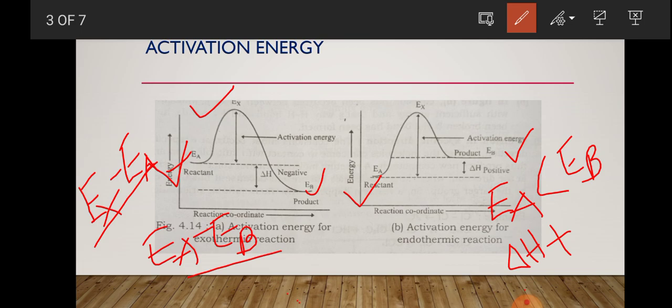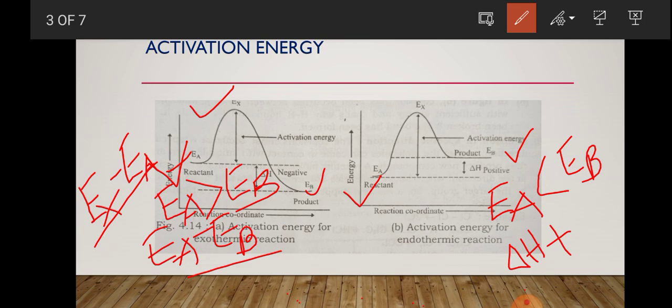I can repeat it again. For exothermic reaction, EA, that is potential energy of reactant, is greater than EB, potential energy of product. So here some energy comes out, and this type of reaction is called exothermic reaction.